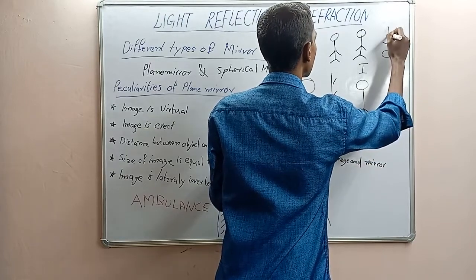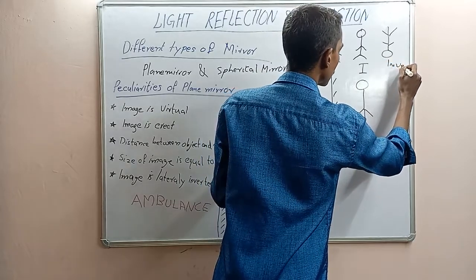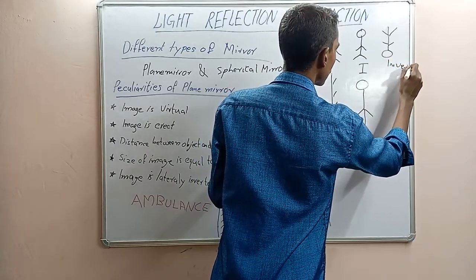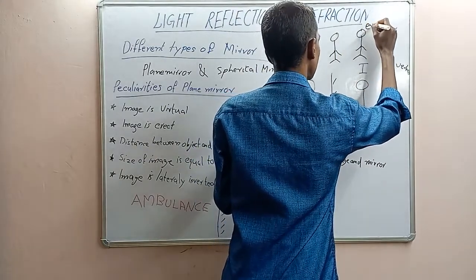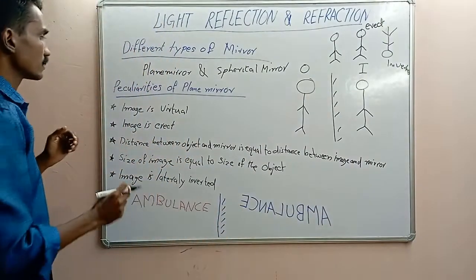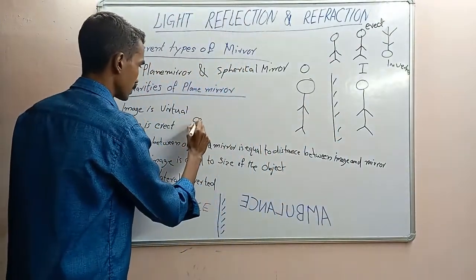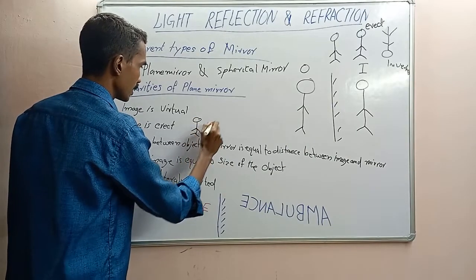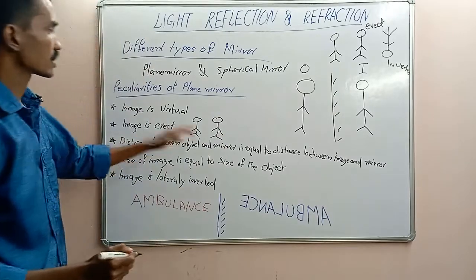This is inverted, and this is erect. In a plane mirror, the image is erect and the object is like this.